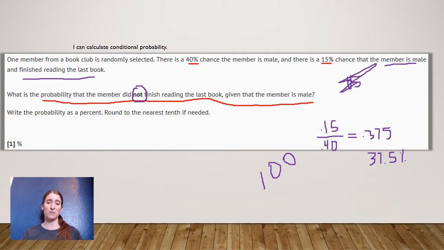So if I take my 100% and subtract what I found here, because those are the ones that did, so the other ones have to be the ones that did not, I should have my answer. So I'm going to do 100 minus 37.5, and I get 62.5, and so that means 62.5% did not. And that, my friends, is the answer.